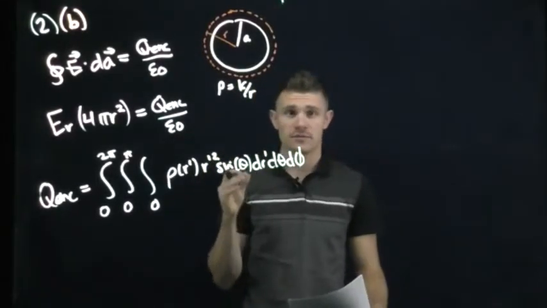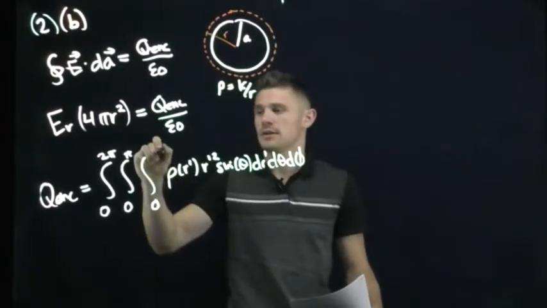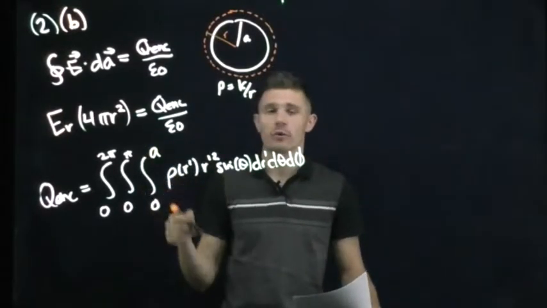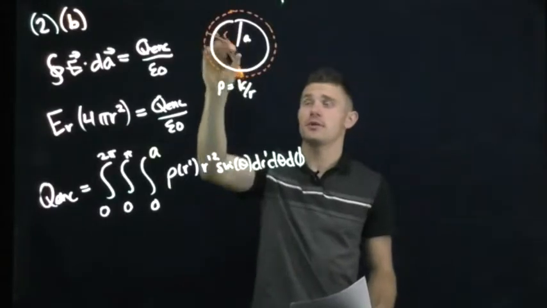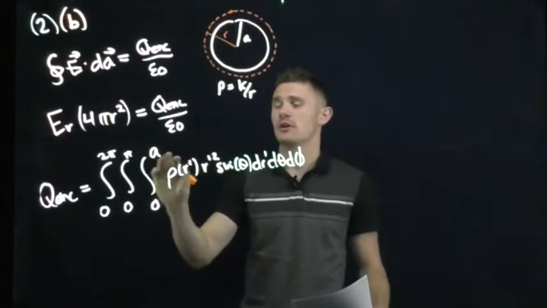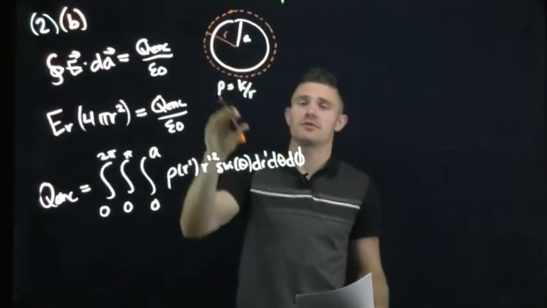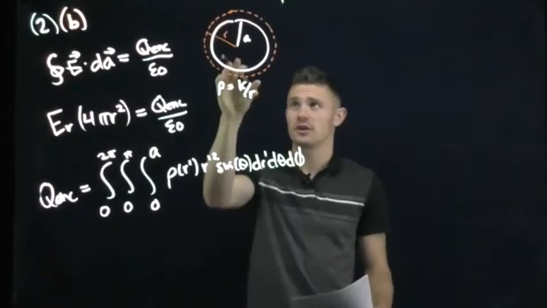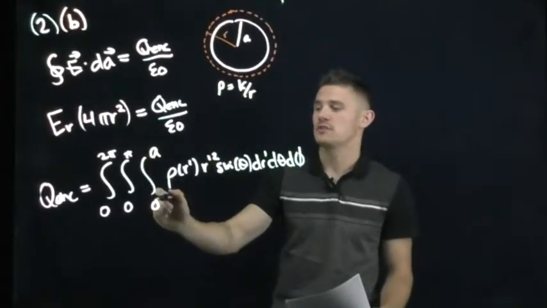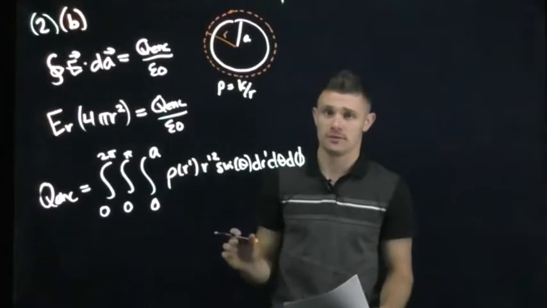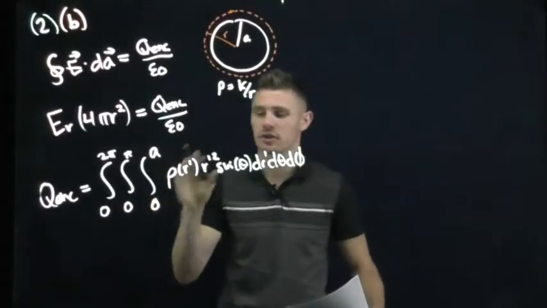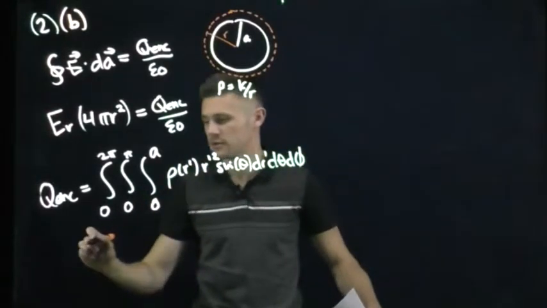The only thing that's different than the case when we're inside the sphere is this boundary. Before, when we were inside the sphere of charge at radius r, we integrated from 0 to r. In this case, our Gaussian surface completely encloses the charge of the sphere, so we only integrate from 0 to a, the radius of the sphere of charge. So we include all of the charge inside this q enclosed.